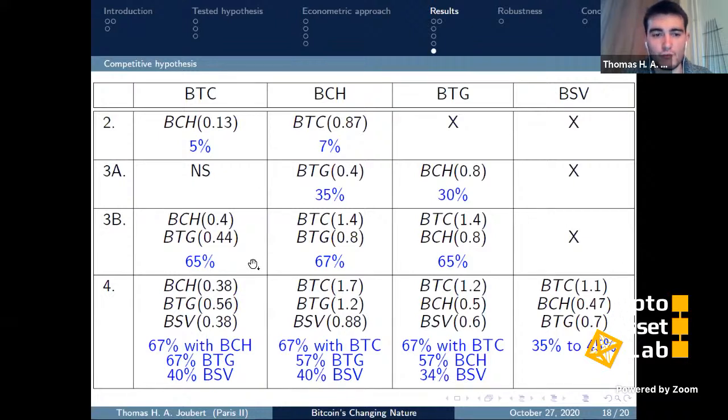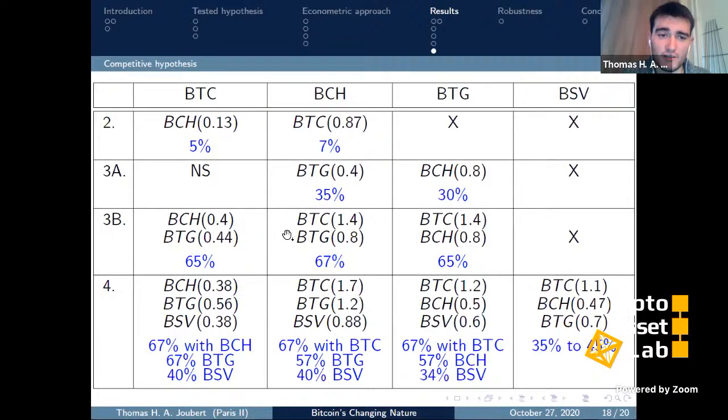The interpretation could be that there can be a period of conflict to cross when there is a hard fork, because I remind you that a hard fork is a conflict or a disagreement. But after a certain time, each cryptocurrency becomes closely correlated.